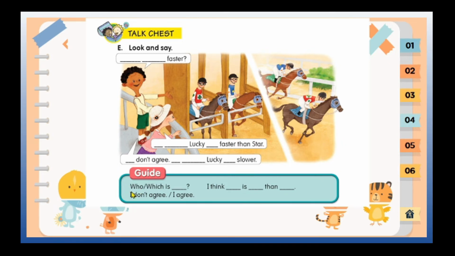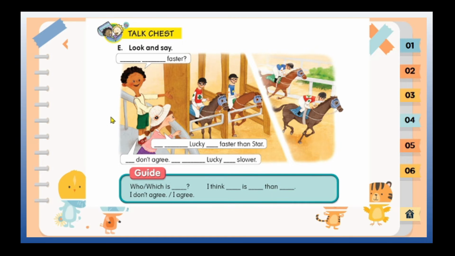So first, in comparison, or when we are comparing something, we use who is or which is. And then you will start to compare each. Then you will say, I think blank is blank than blank. In the dialogue, then you start to agree or disagree. I don't agree or I agree.